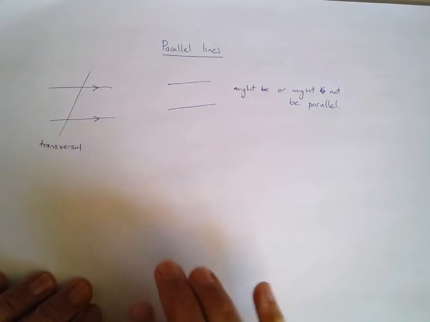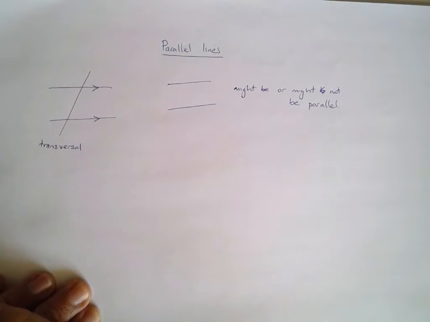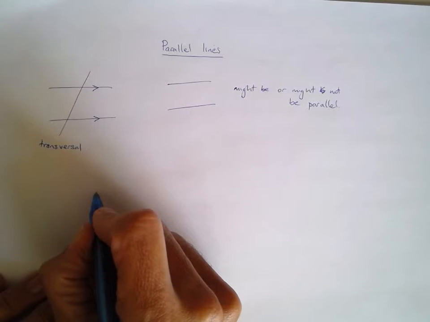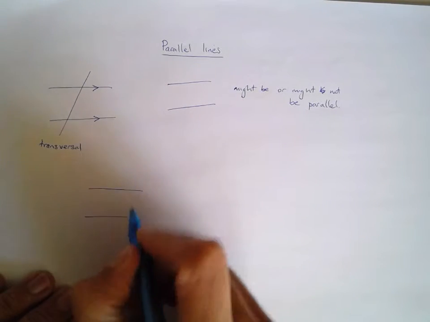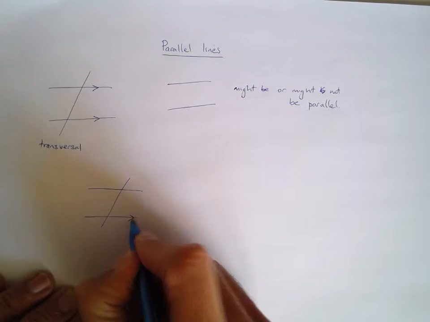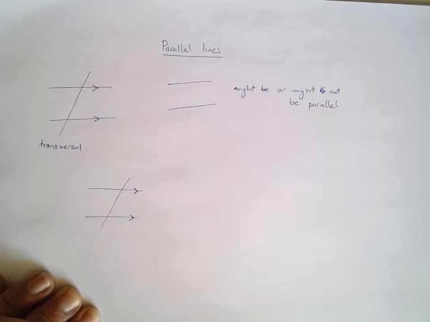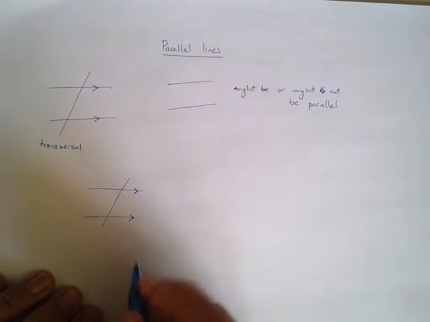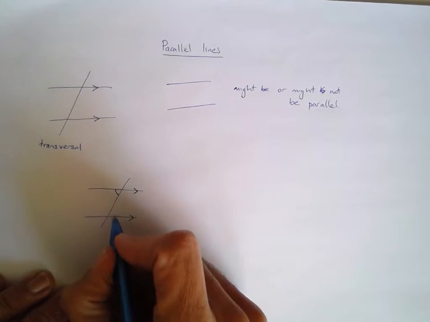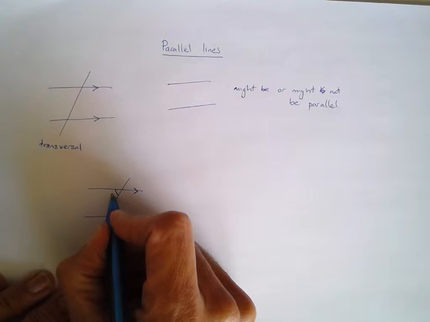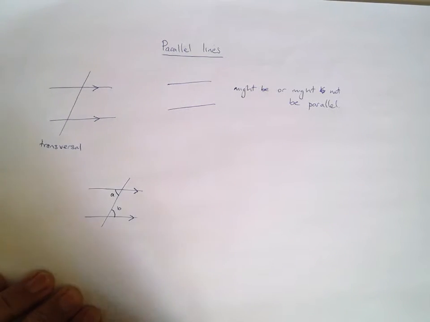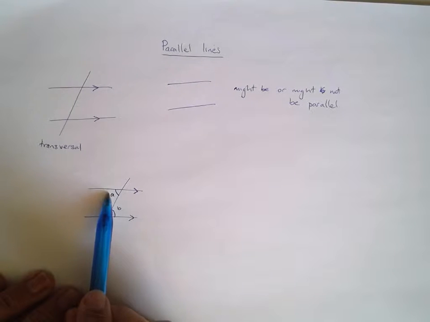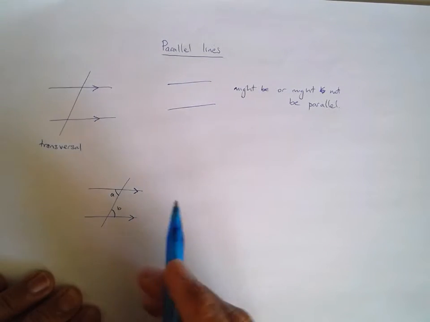Now with our parallel lines, we've got three situations that we're going to look at for three different rules. The first, a pair of parallel lines and a transversal. Okay, and I'm going to say that these two angles here, A and B, they're alternate angles. They're on alternate sides of the transversal.